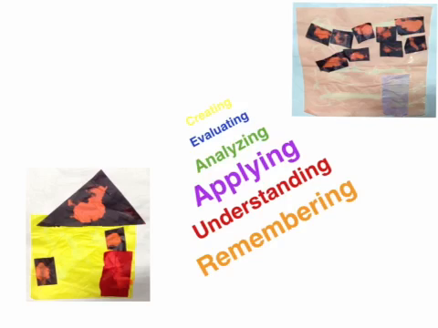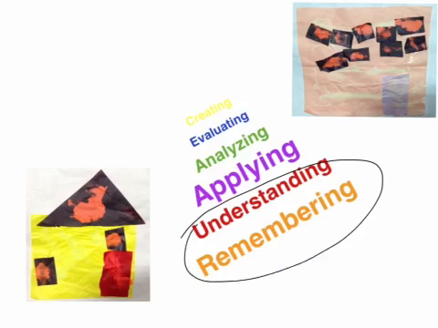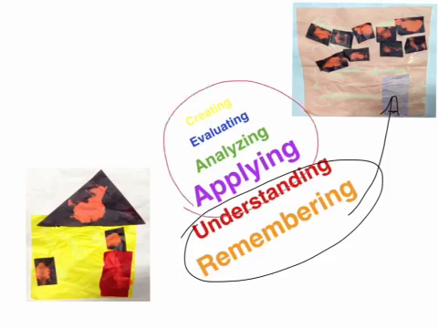We need to think about Bloom's taxonomy, where previously the bottom or lower tier of Bloom's taxonomy, understanding and remembering, happened at school in a traditional classroom, leaving the students with the higher order thinking, or top tier, to work on by themselves at home.